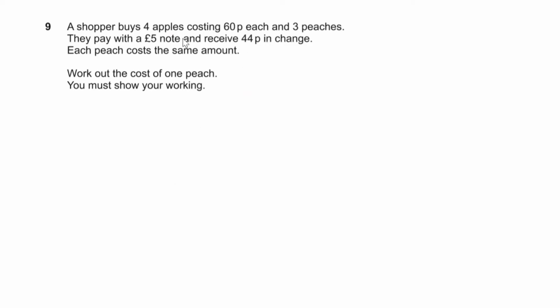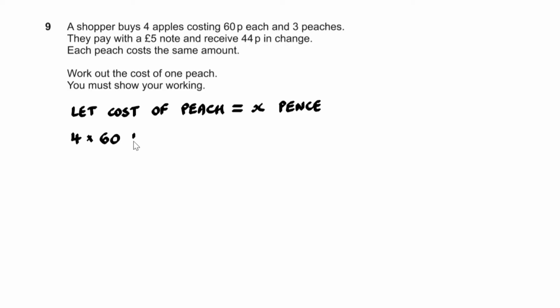Question number 9. A shopper buys 4 apples costing 60p each and 3 peaches. They pay with a £5 note and receive 44p in change. Each peach costs the same amount. We have to work out the cost of 1 peach. Well, if we let the cost of a peach equal X pence, we've got 4 apples costing 60 pence, and then we've got 3 peaches costing X pence each.